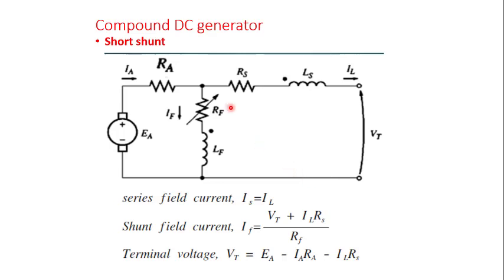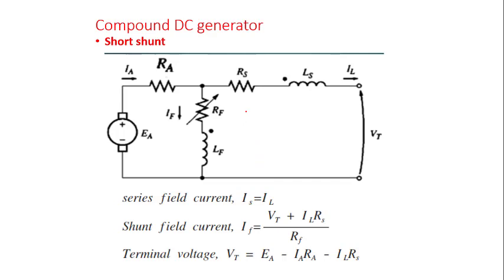Now, if we use the Kirchhoff voltage law, we can see that the voltage here is equal to the voltage drop here plus the voltage that we get here. I hope we are getting the concept.